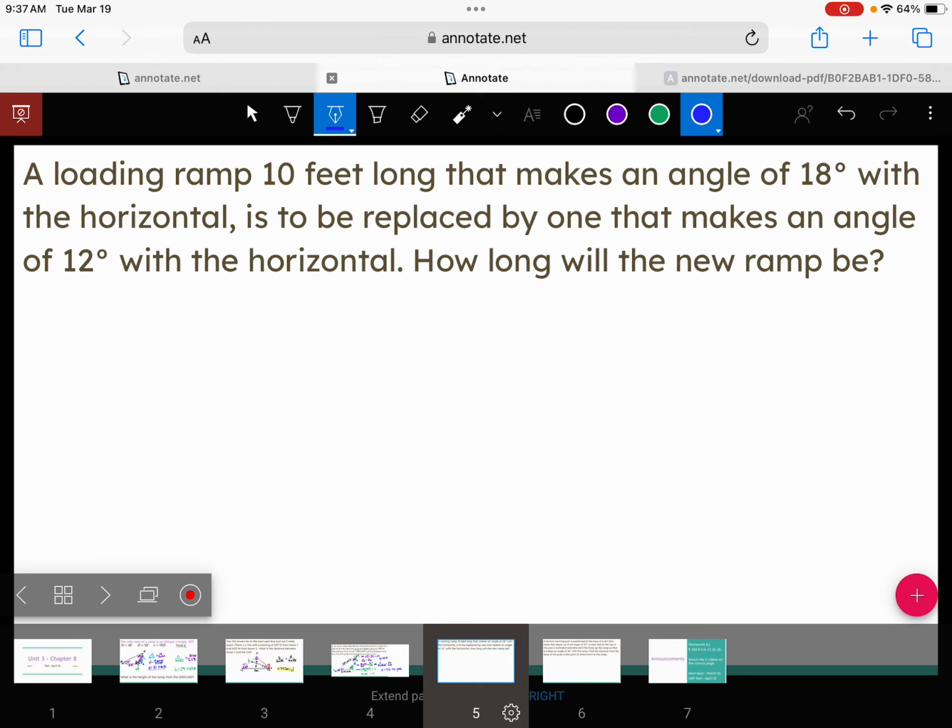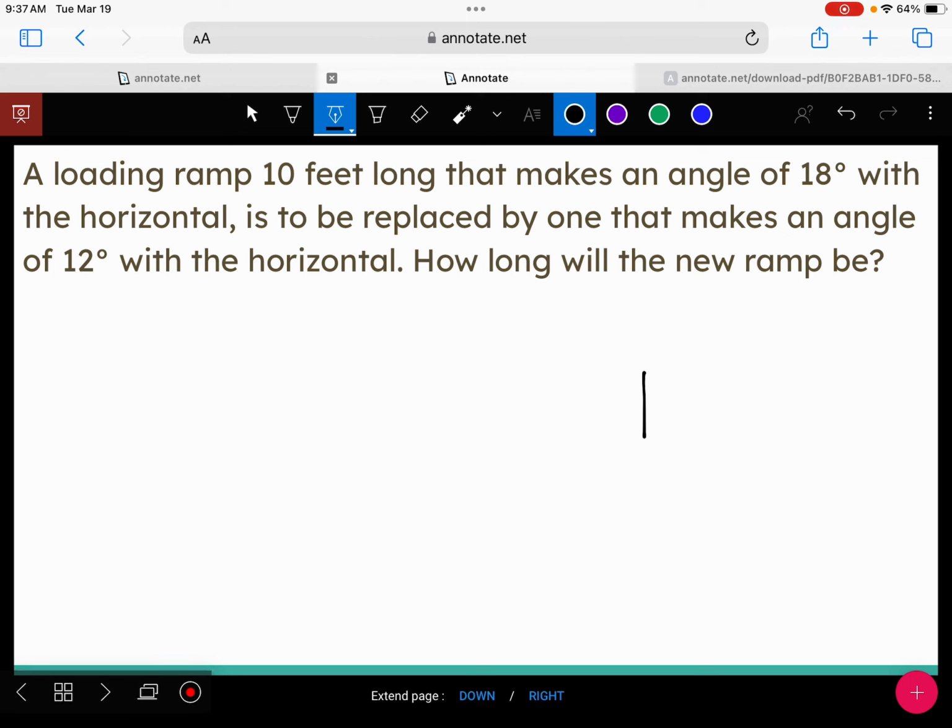So I'm going to draw us a picture. We're getting up to our loading dock. And our original ramp makes an angle of 18 degrees, and our current ramp is 10 feet long.